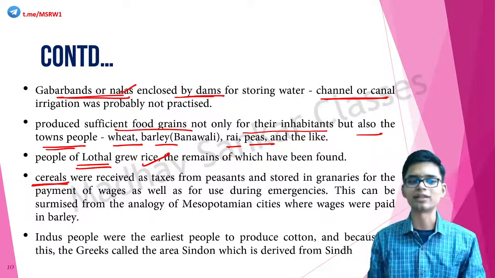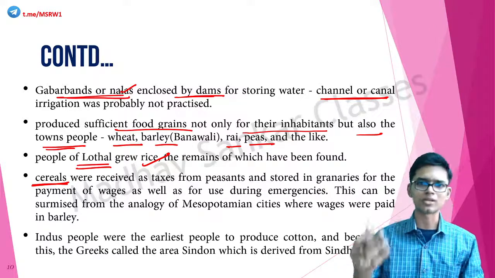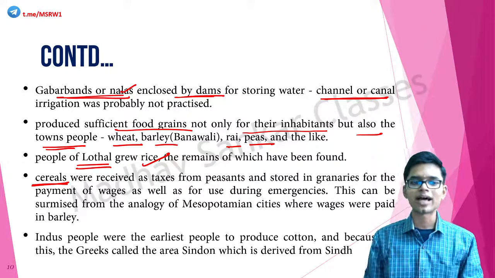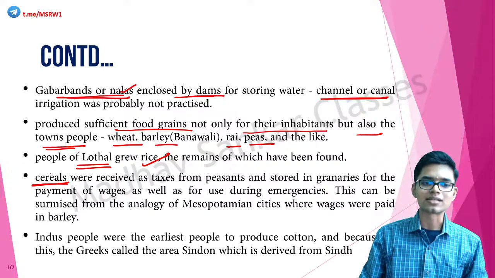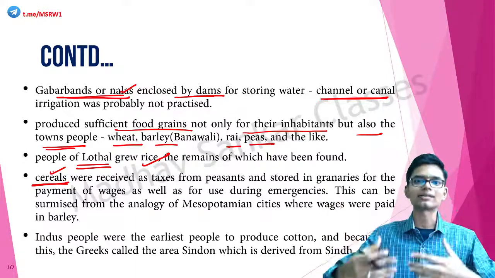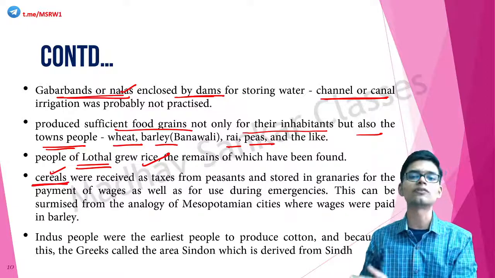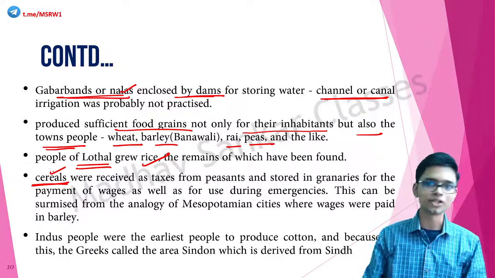At least historians believe so. And we do not have any evidence of any metallic money or coins or anything. So historians believe that taxes were paid using cereals. And these cereals, which were obtained as taxes from the peasants, were stored in these huge granaries. That is the purpose of these granaries, which we found in Mohenjo-daro and Harappa.